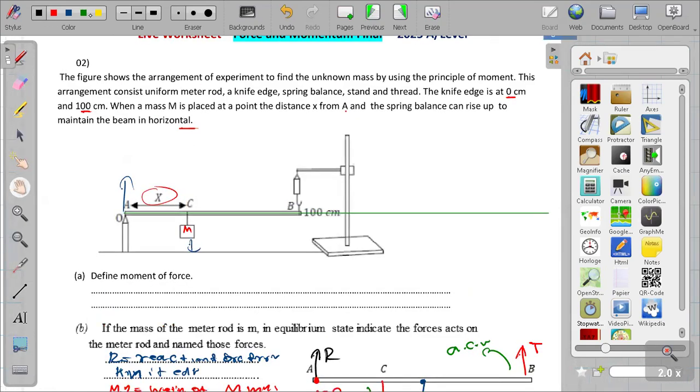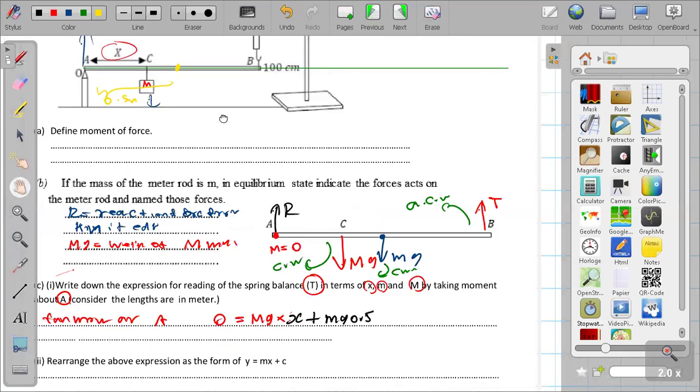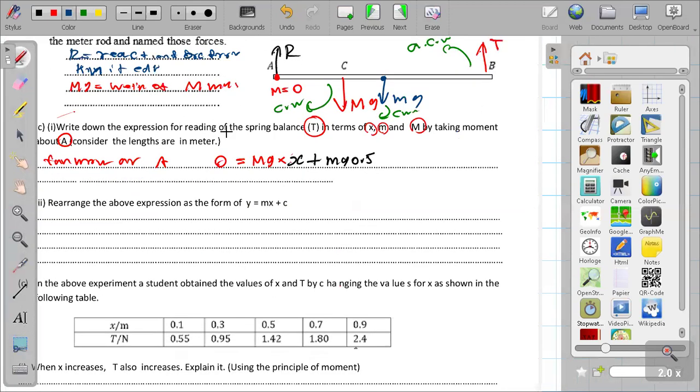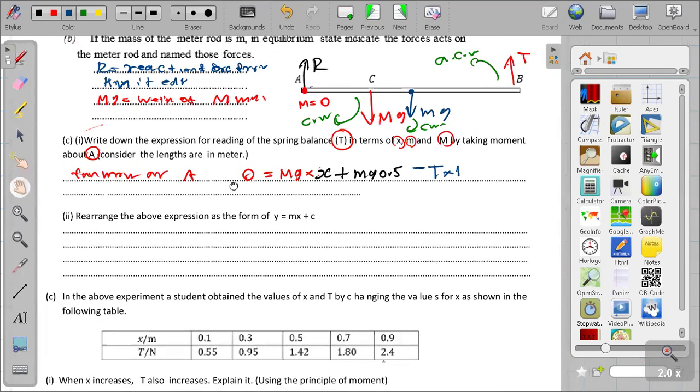Read this carefully. Because of the arrangement of the experiment, this arrangement consists of a uniform meter rod. It is only 1 meter long. Uniform means the center of gravity is exactly 0.5 meters away. You have to have this common sense. Then the other one is exactly 1 meter away from there, so T times 1. Okay, this is the expression you have to write.